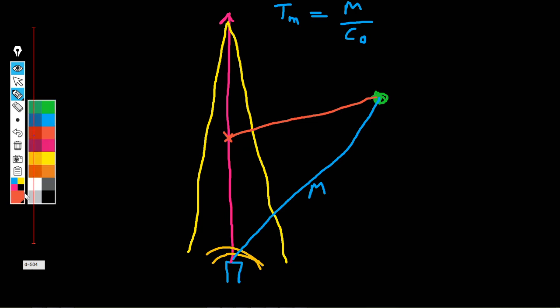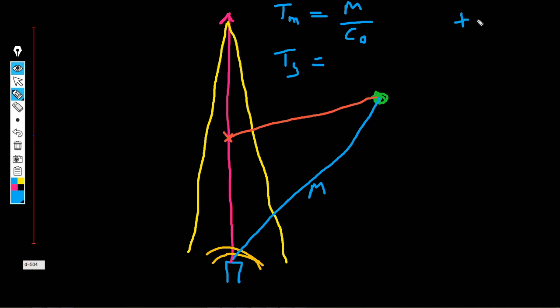So now to determine the arrival time of the supersonic crack, and we'll call that T sub S for shock wave. And in both these cases, you have to add in the time at which the bullet was fired. So both of them are going to be plus T sub n, which is the nth bullet.